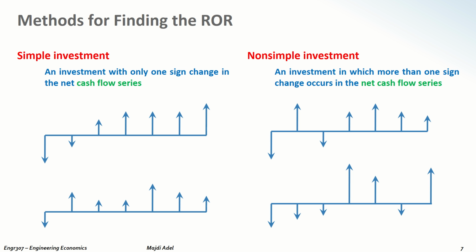What we mean by a simple investment is a project that starts negative and the cash flow changes its sign only one time. So net cash flow is negative here, and now it changes its sign to positive and remains positive. So there is only one sign change for this project.